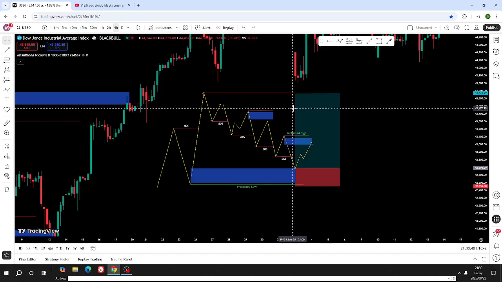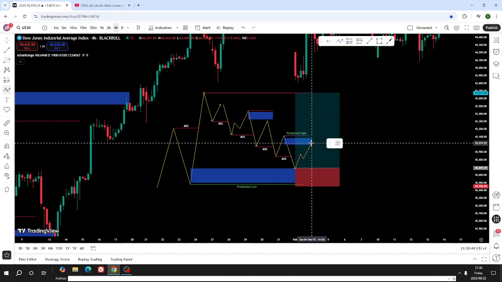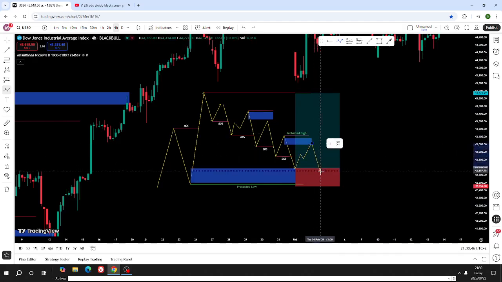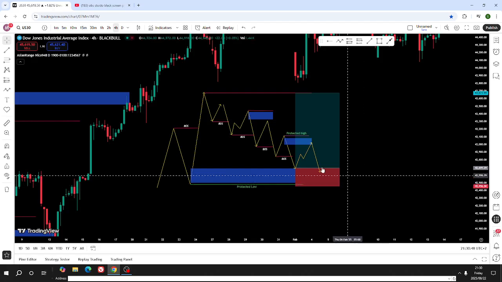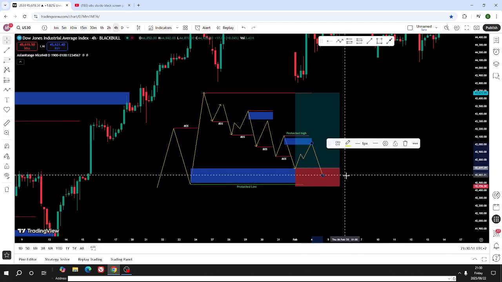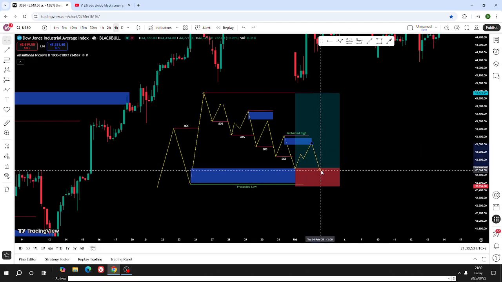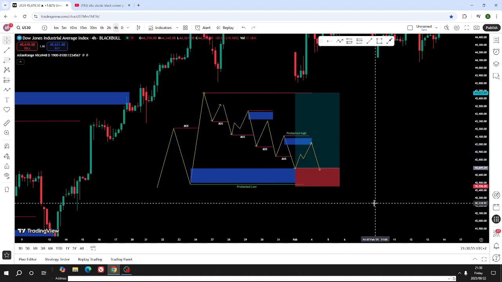Then you see what? You see market coming to the downside, selling, getting deeper into our order block, right? Getting deeper into our order block.